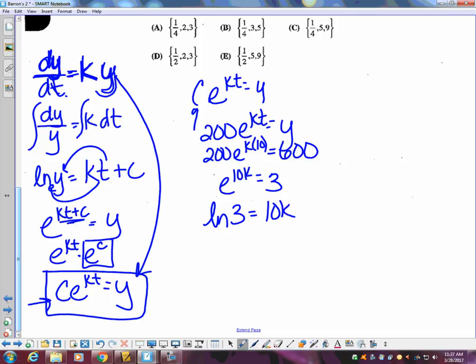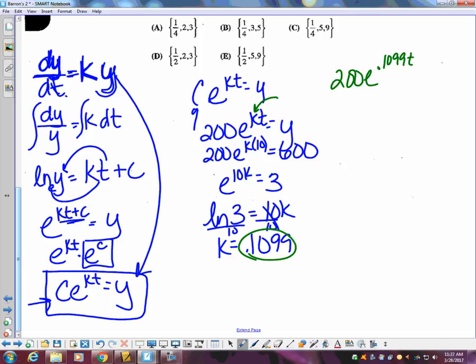So that's the snailing it part. Divide by 10, and I get k to be 0.1099. Make sure that you can type this into your calculator and that you're comfortable with that. Now I'm going to take this k and put it right there. So 200 e to the 0.1099t equals y.